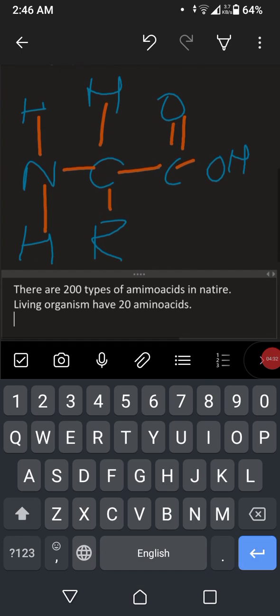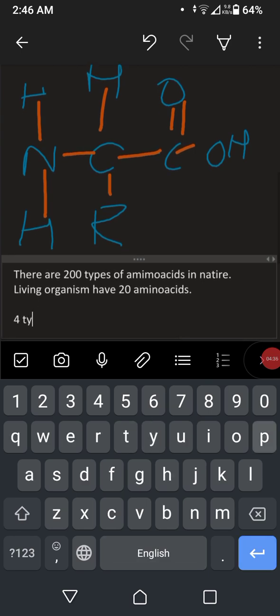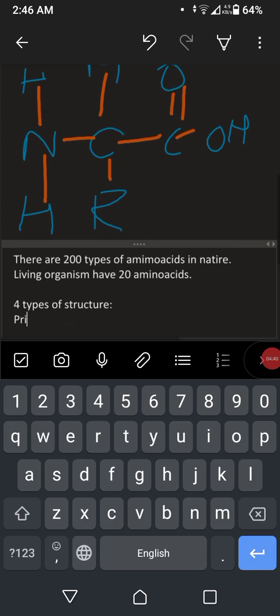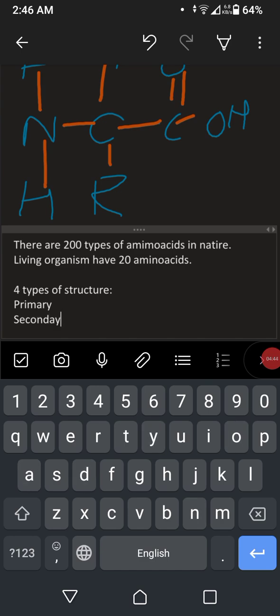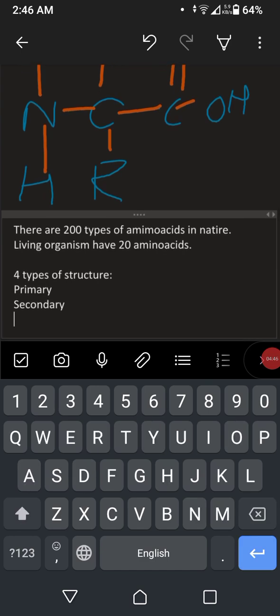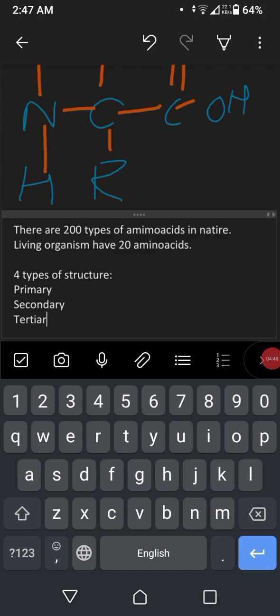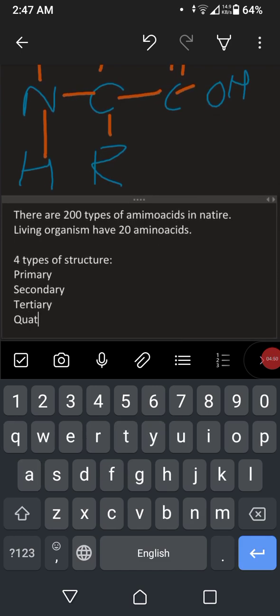As we talk about the structure of protein, we have four types of structure of protein. The first one is primary, the second one is secondary, the third one is tertiary, and the fourth one is quaternary.